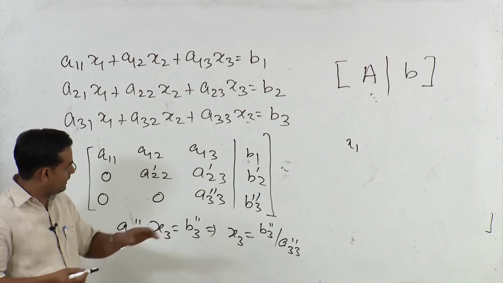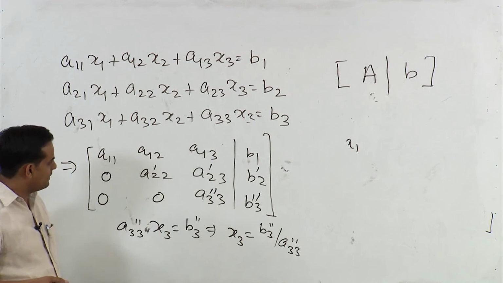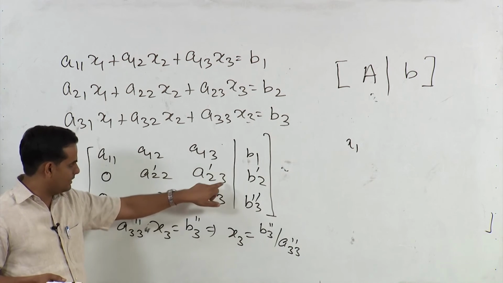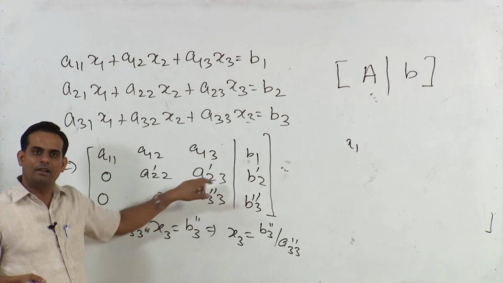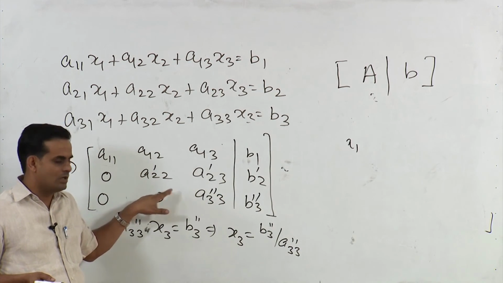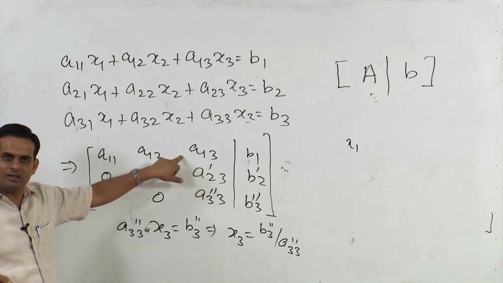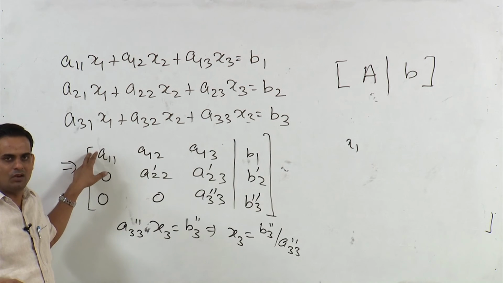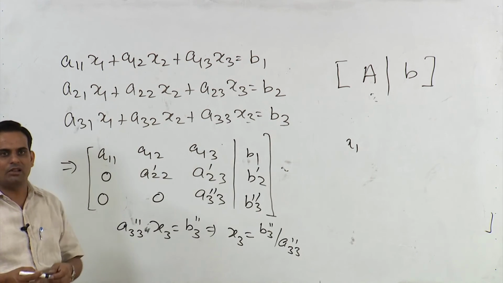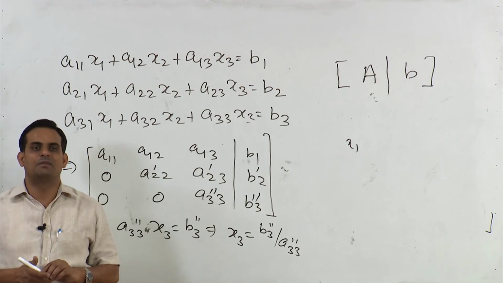From here I will calculate the value of x3. If I substitute this value of x3 in the second equation, I will get the value of x2, and if I substitute the values of x3 and x2 back into the first equation, I will get the value of x1, and this particular procedure is called Gaussian elimination.